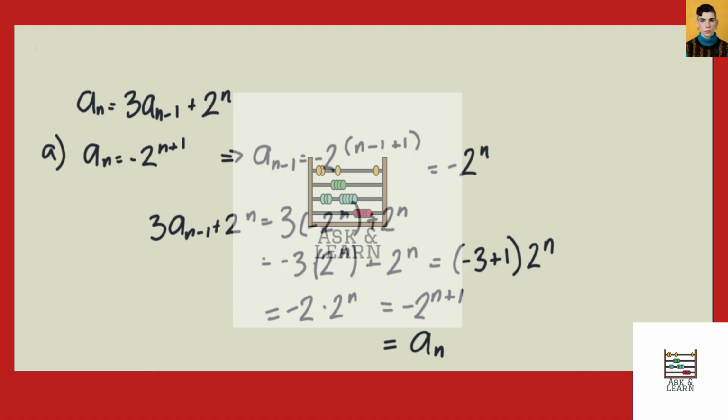So we showed that this expression, which is found on the right-hand side, is in fact equal to a_n when a_n is equal to -2^(n+1). Okay, so check, that worked.